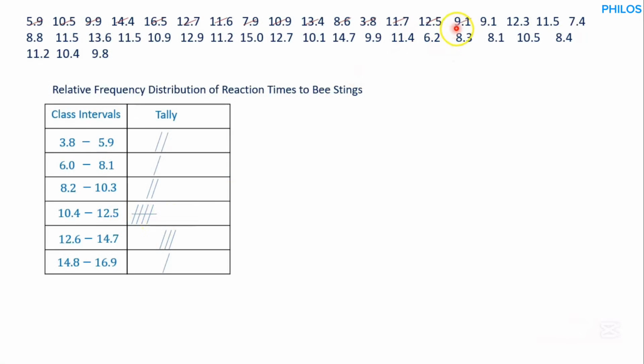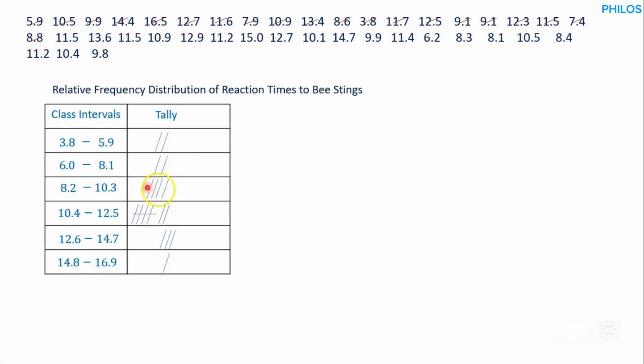Then 9.1 is going to be in the third class. Then another 9.1, it will also be in the third class. Then 12.2 will be in the fourth class. Then 11.5 will also be in the fourth class. Then 7.4 will be in the second class. Then 8.8 will be in the third class.